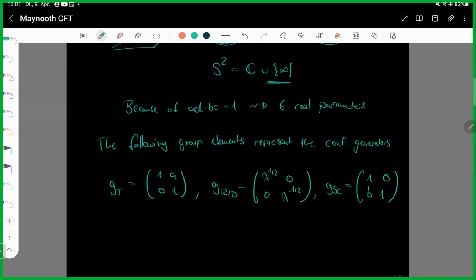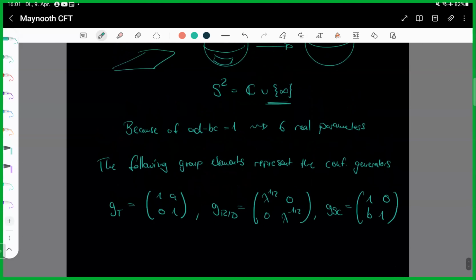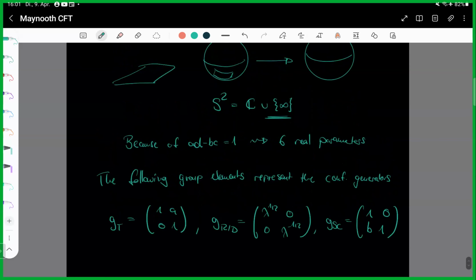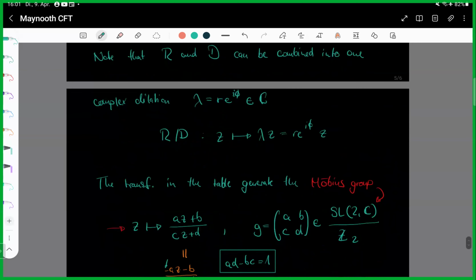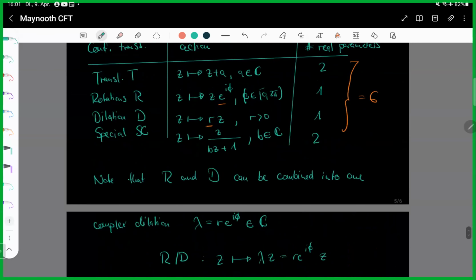Sorry. Precisely. So you're paying close attention. Very good. Thanks. There you go. So you can just check, those of you who are new to the subject, just go and check that these are indeed, so if you do that, you recover the expressions in the table from the expression for the Möbius transformation.